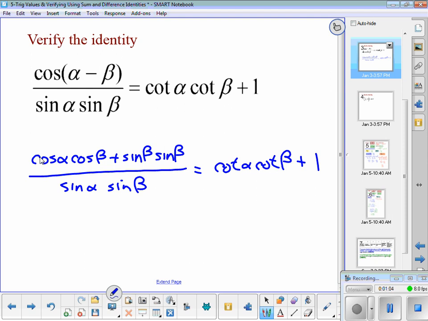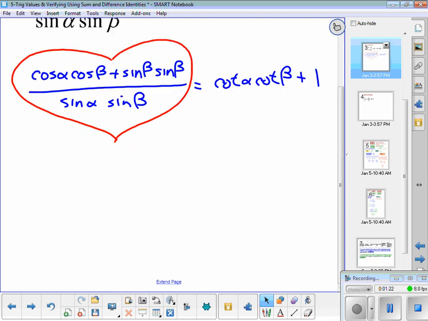For me, I see on the right side, I have two separate things. And on the left side, I have one fraction, but it's a fraction that has a plus on the top. So we can do what we call breaking the heart, where I take this one fraction with a plus on top and split it into two fractions with the same denominator.